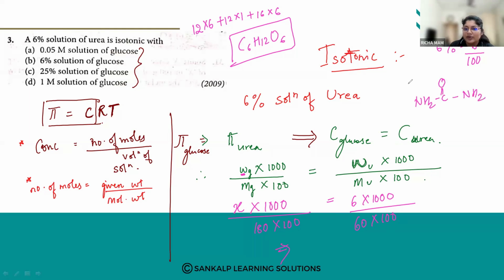If you want to calculate urea, NH2 to C double bond O to NH2: nitrogen 14 plus 14 plus 4 hydrogens plus 16 plus carbon 12, it will come to 60. You have to find the value of X.